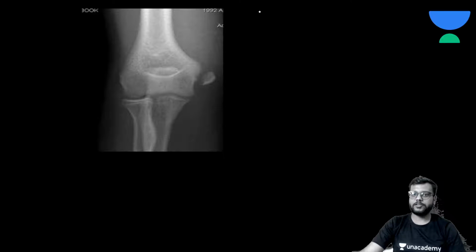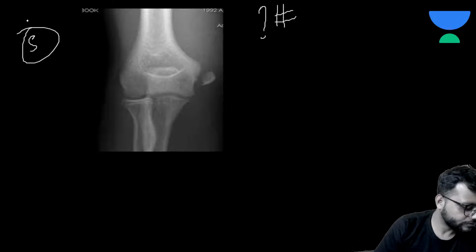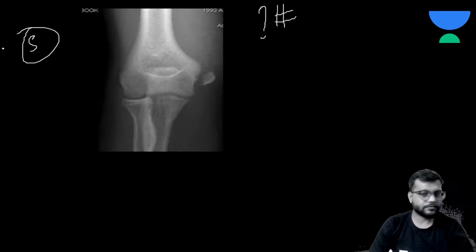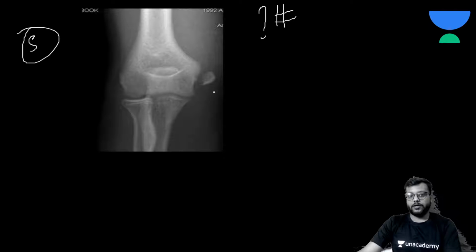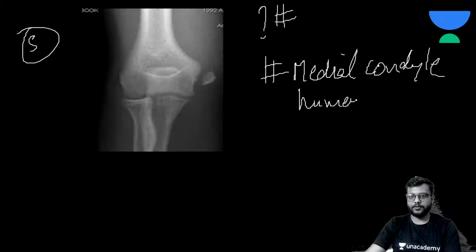Which fracture is this? Okay, this is fracture of medial condyle of humerus. Okay, common in children.